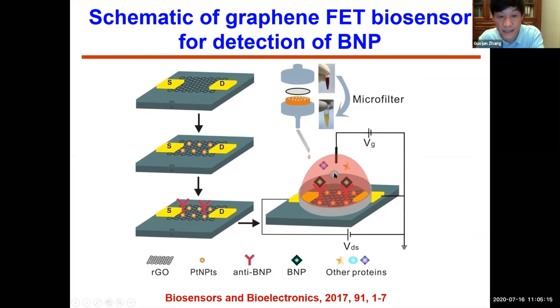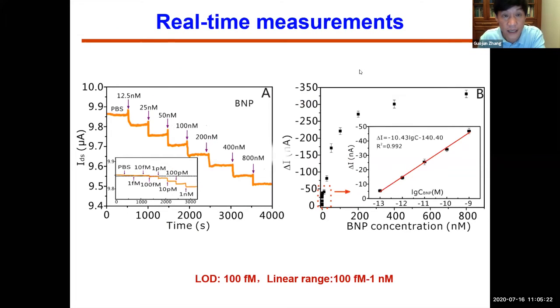We can use this micro system to detect BNP from the blood successfully, and we can do real-time measurement. You can see we add different concentrations of the BNP, and the current decreases. By this work, we define the limit of detection of this device as 100 femtomolar.